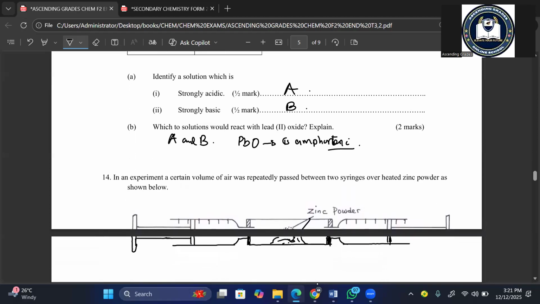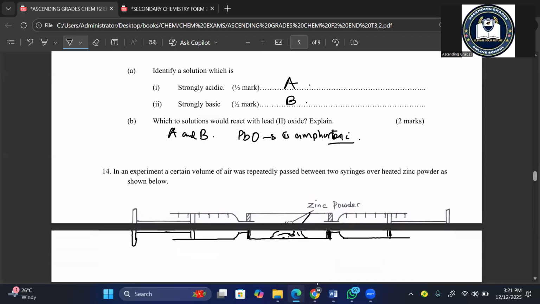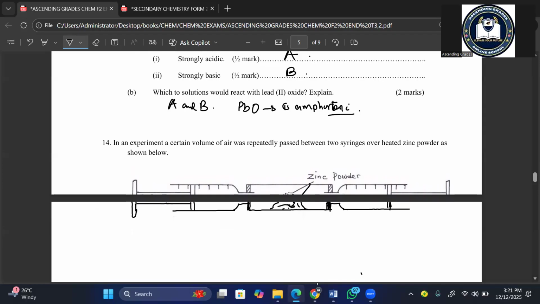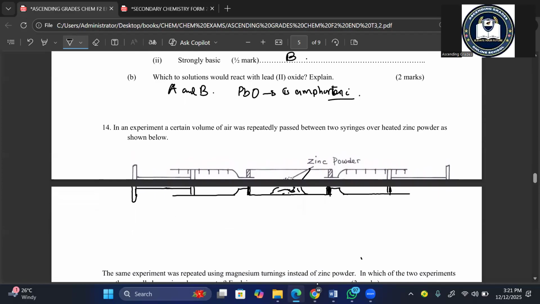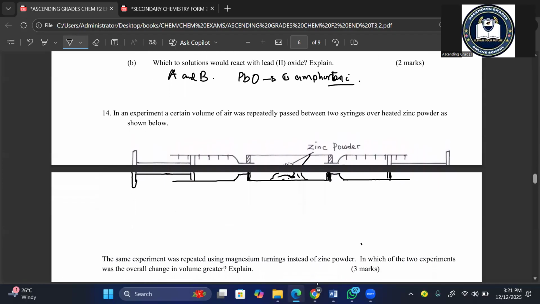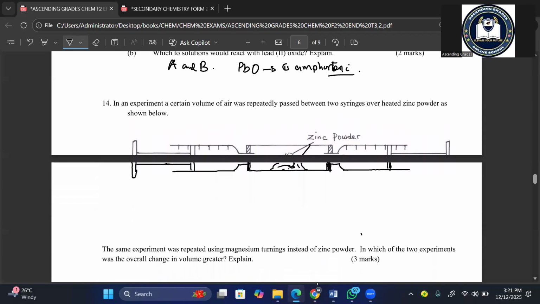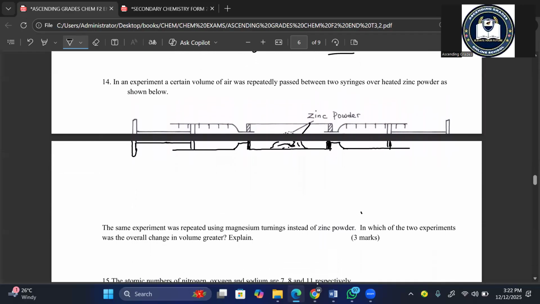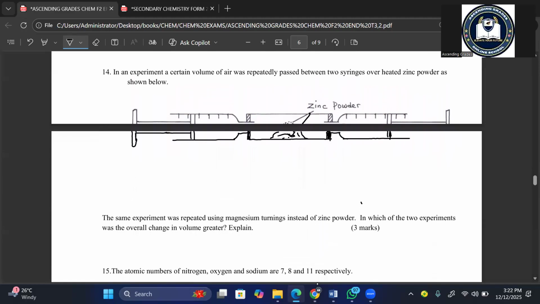In an experiment, a certain volume of air was repeatedly passed between 2 syringes over heated zinc powder as shown. The same experiment was repeated using magnesium turnings instead of zinc powder.